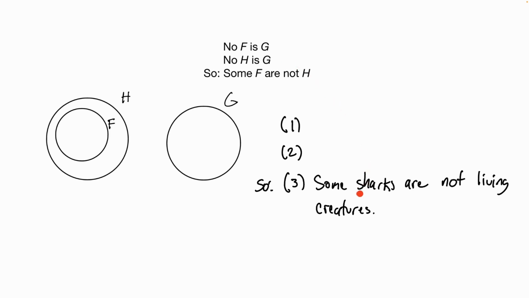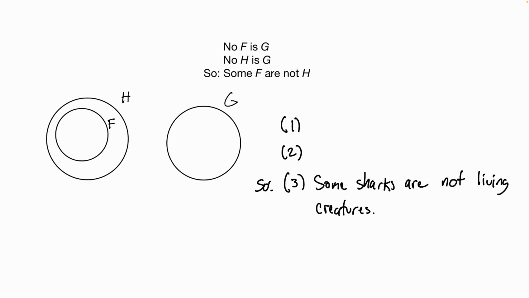So sharks are acting as my category F here, and living creatures are acting as my category H. So I want to pick a category G where no shark belongs to that category, and indeed no living creature at all belongs to that category G. So let's say things that are made of stone. That would work.